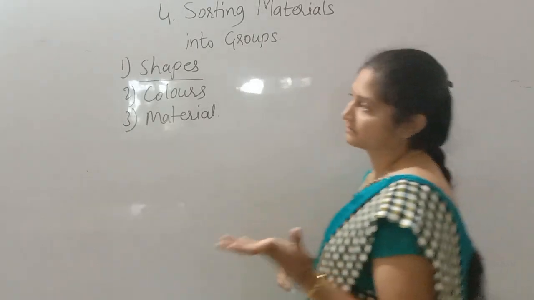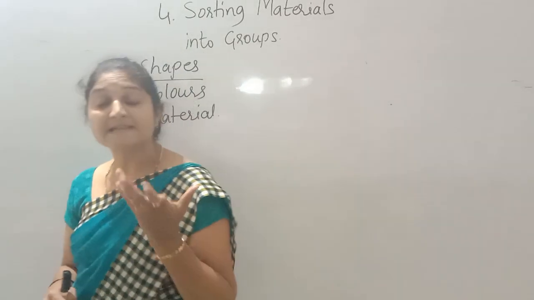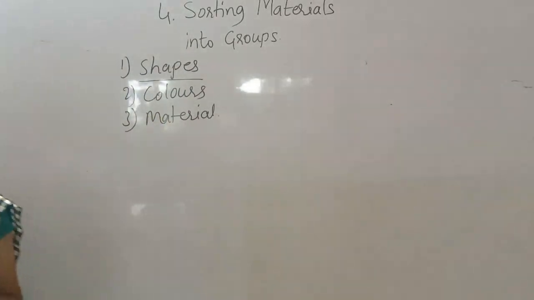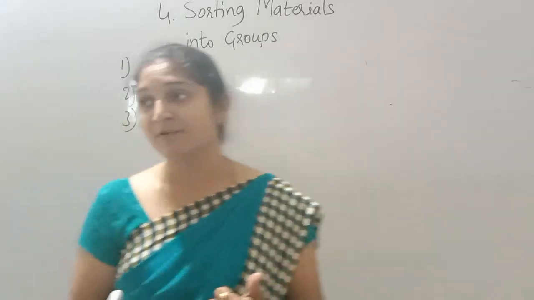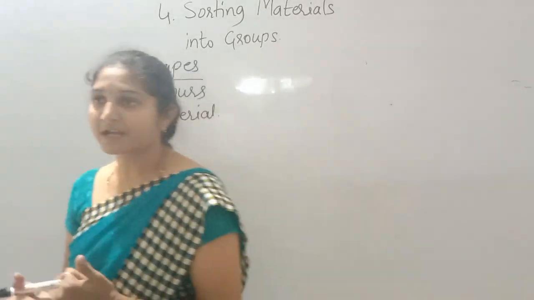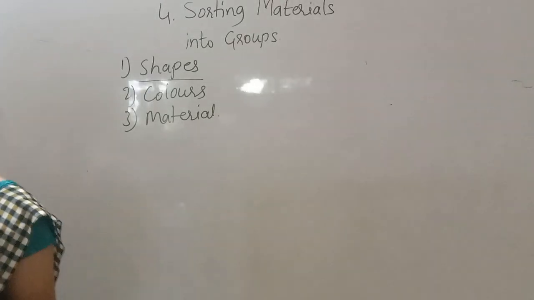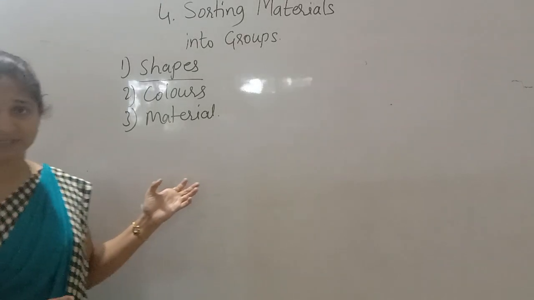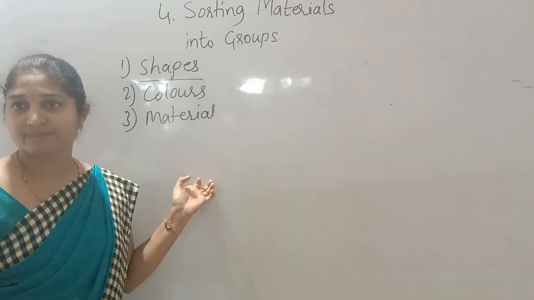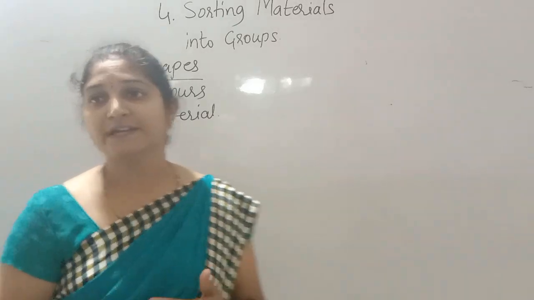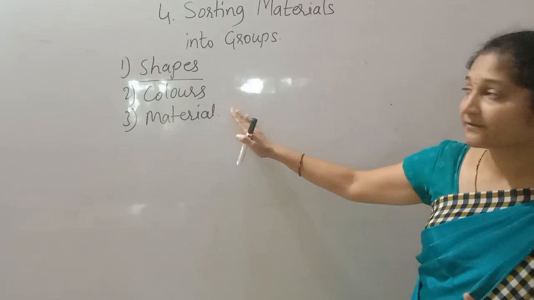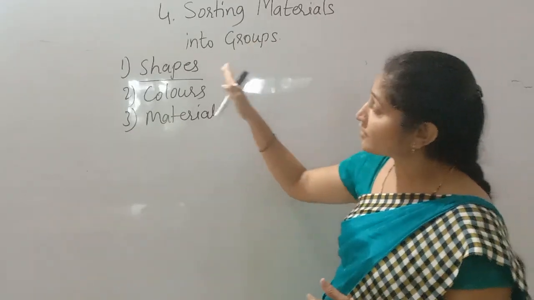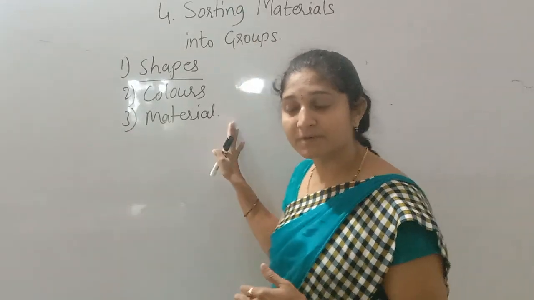You can write plastic balls, plastic bag, and the bottle, any containers which are made up of plastic, and your pen, duster, water bottle, tiffin box. Are you getting it? So here the material is also one of the references by which we can sort out and make a group.